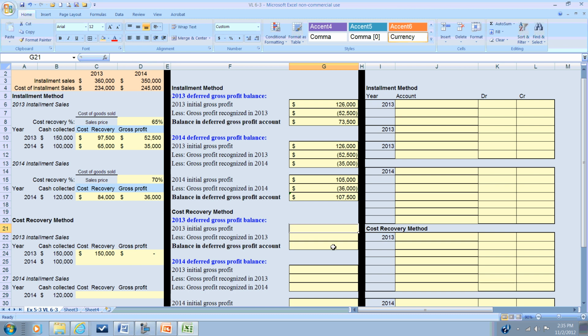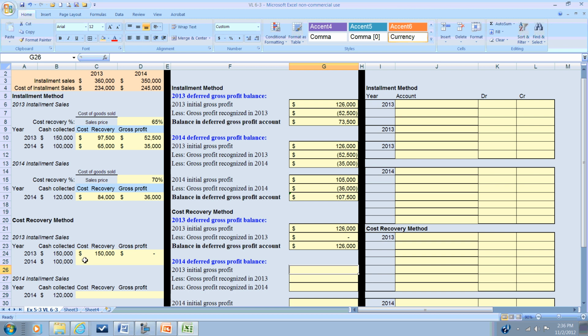So again, our initial gross profit from the sale, selling price minus cost of goods, is 126, but we recognize zero gross profit in 2013. So we have a balance of 126,000 in deferred gross profit from our installment sales.